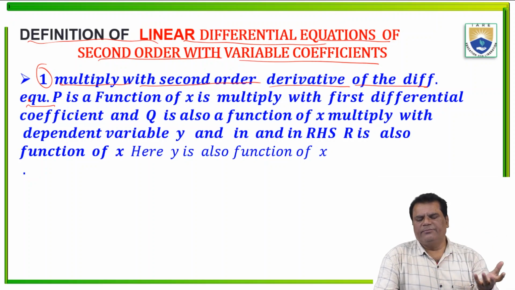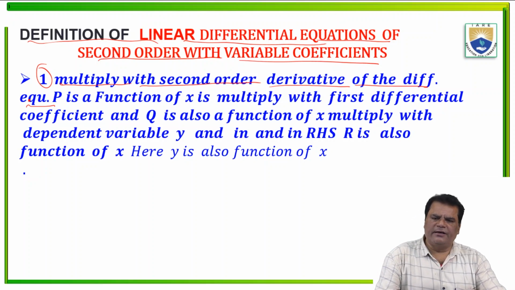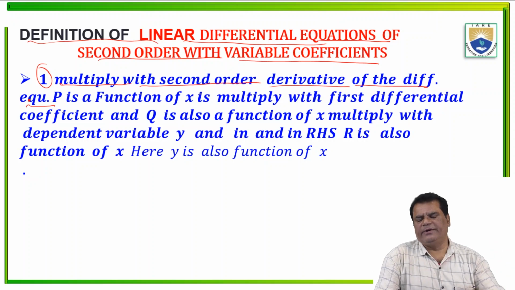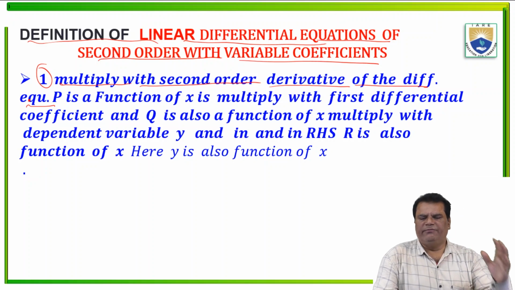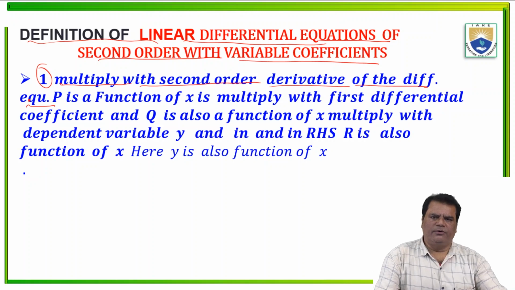The first term is the second order derivative, and no function and no number is multiplied with the second order derivative of the given general linear differential equation. This is the first point, a very important point. If there is any number or any function multiplied with the second order derivative, then we divide the whole equation on both sides by that function or number.